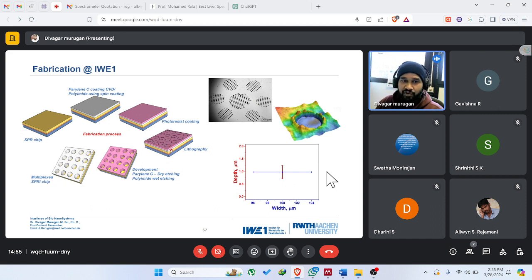Then the structures are opened using etching. Once the structures are etched, we remove the photoresist on the top. Then we create an iSPR platform with such nanowells or microwells, which have picoliters of volume to act as a sample surface.